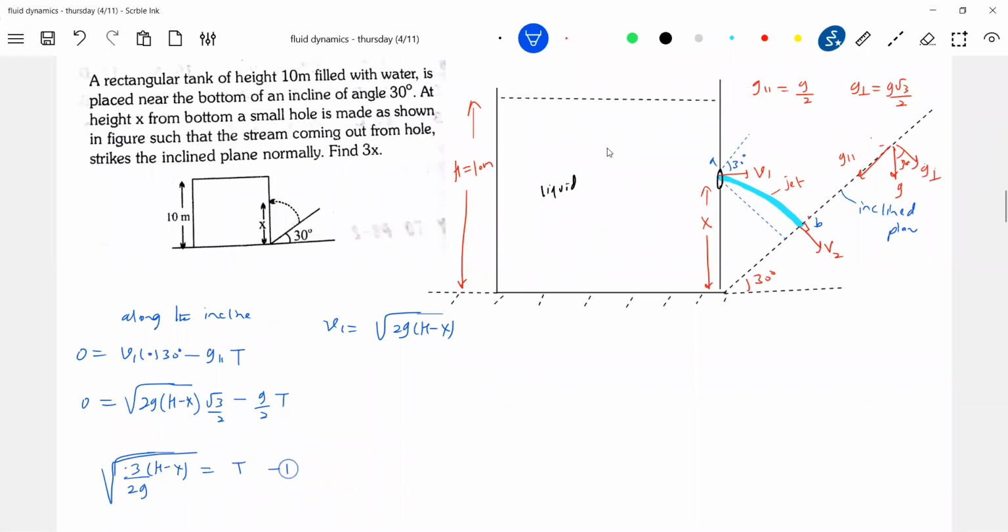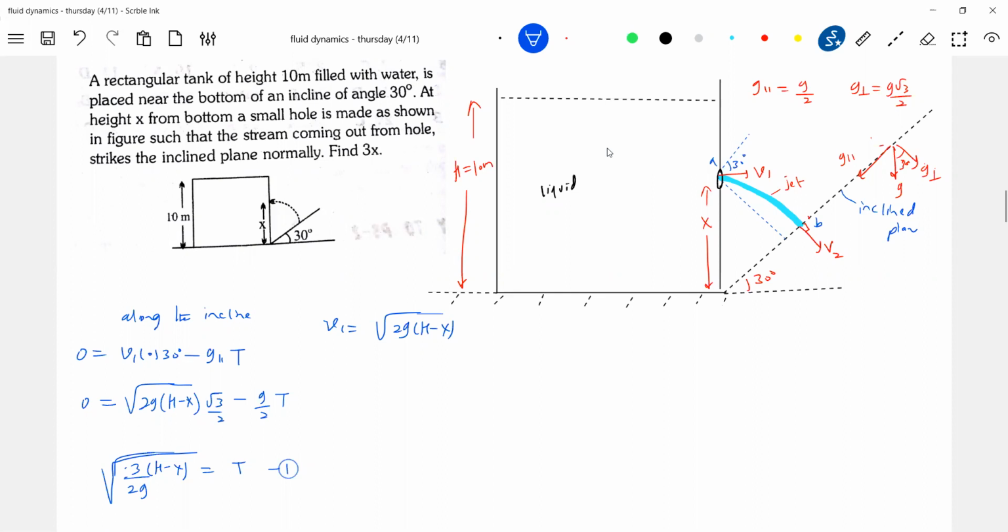Keep this as equation 1. I adjusted things here. After that, we have to calculate X, that's all, no? What all do we know? H, and T is the unknown. How to eliminate T?